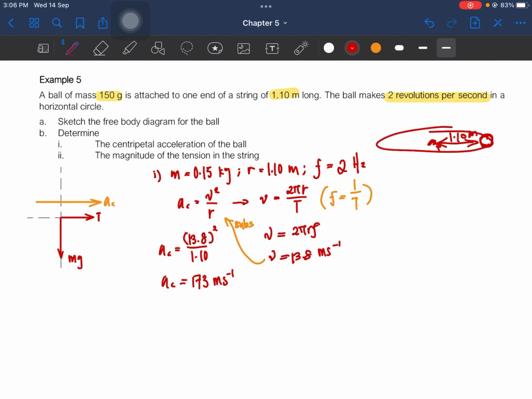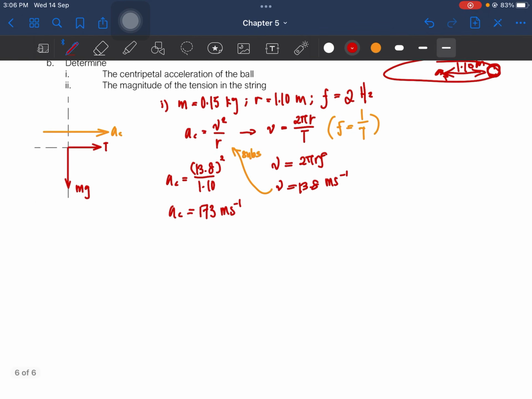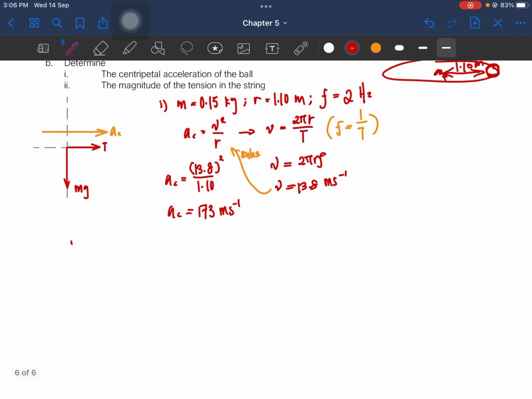Okay. So again, please remember that the radial acceleration should be towards the center of the circle. Alright, next we have to calculate the magnitude of the tension in the string. Yang ni kita boleh lah guna Newton's law of motion. So total force at x mesti equal to MAC kan.